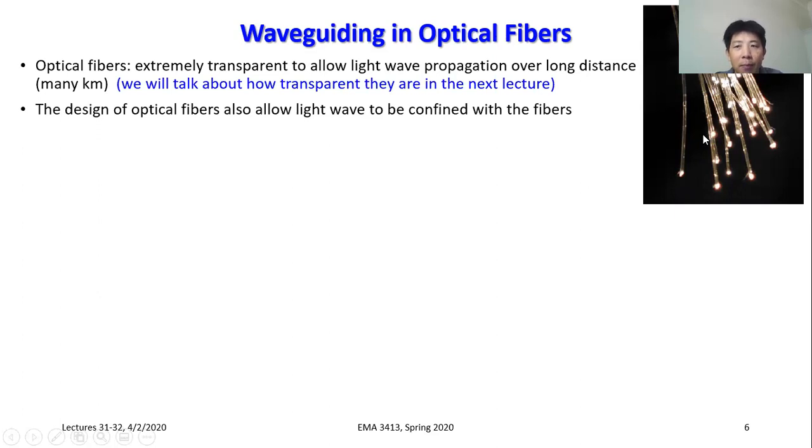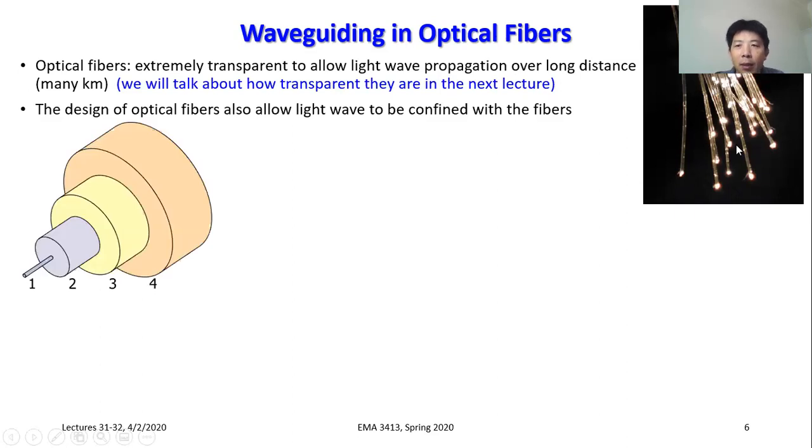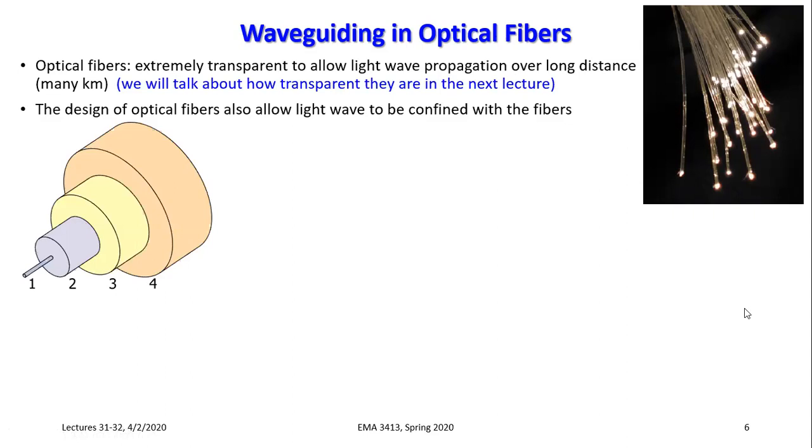That's because they're transparent. But at the same time, the design of these fibers also allows the light to be confined within the fiber. They don't leak out. Okay, if I inject the light at one end, the light will come out from the other end. You probably also see the use of these fibers on Christmas trees. They help guide light. So how does it work?